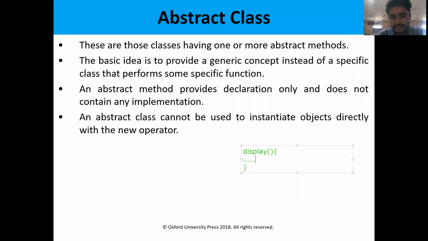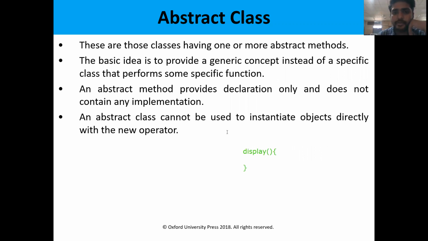Each method normally has some code to implement, but that will not be there in the abstract method. So an abstract method is simply a skeleton of the method. The methods which don't have an implementation part are called abstract methods. The class which consists of abstract methods is called an abstract class.